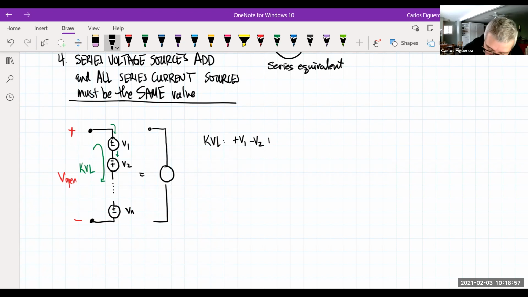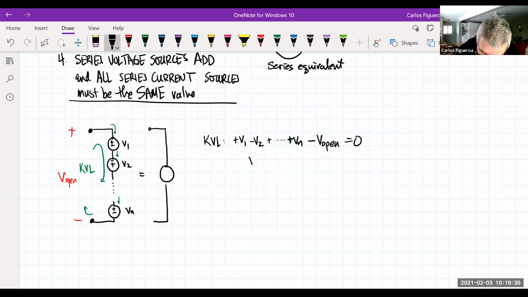And I can just keep going with all of these sources. When I get to the very last one, Vn gives me a plus Vn, and that has to equal the voltage of the open according to KVL. Oh, I'm skipping a step. If I come all the way around, I hit the open, which I've defined as negative polarity, so I write minus V open, and that has to equal 0.